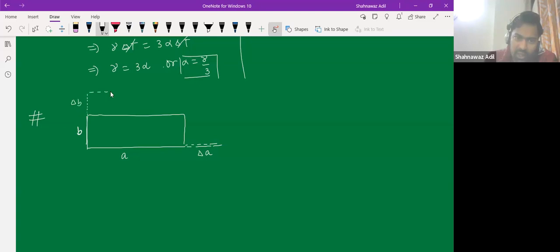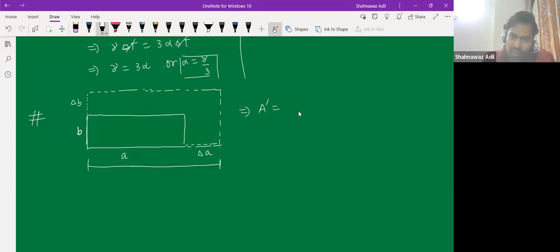So the new area would be this. So this is the new area, right? So if we calculate the new area, that would be how much? A prime is this length, right? This length is how much, guys?